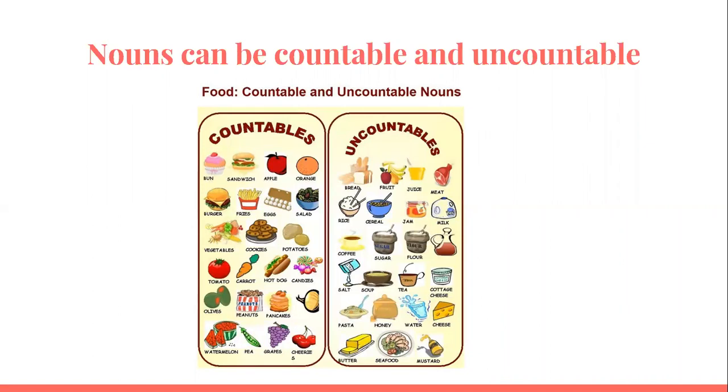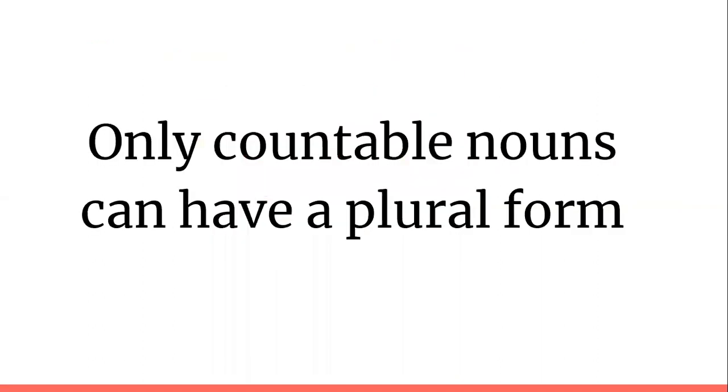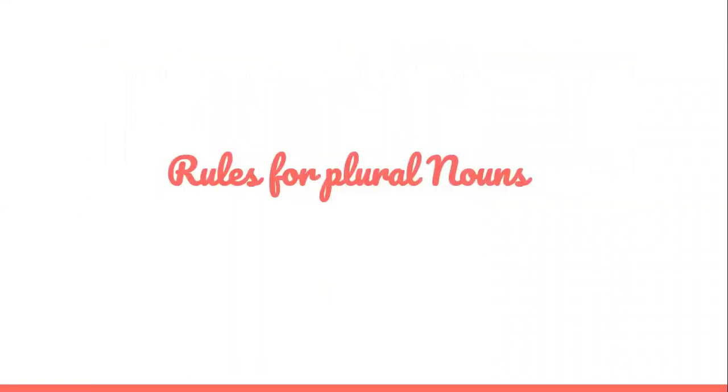So when you talk about uncountable nouns, we normally use a measuring unit. For example, 3 liters milk. So milk cannot be 1, 2, or 3, but you can always say 2 carrots or 2 tomatoes. All right. So nouns can be countable and uncountable, but only and only countable nouns can have a plural form to it. So let's start with the rules for plural nouns.